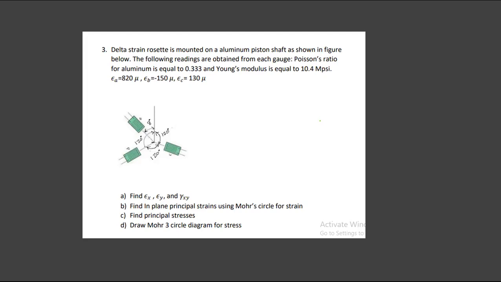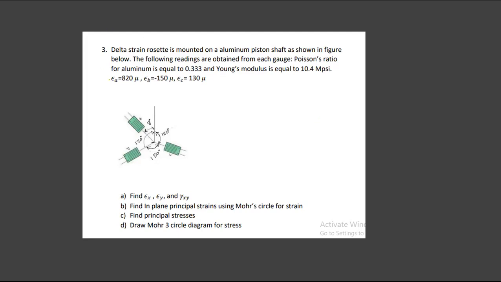If there are strain rosettes at 45 degree angles, in that case you can derive gamma xy as an equation too. I'll leave it to you to work it out. So I'll do this example and show you how it's done.